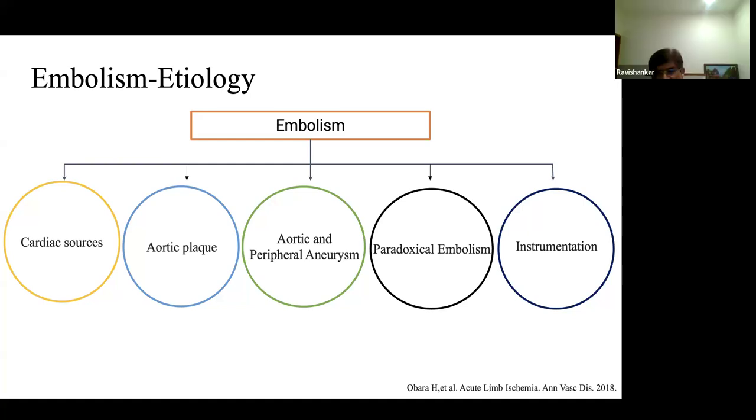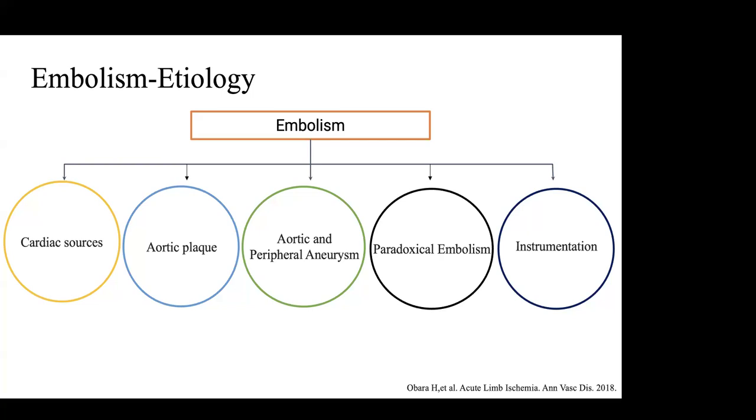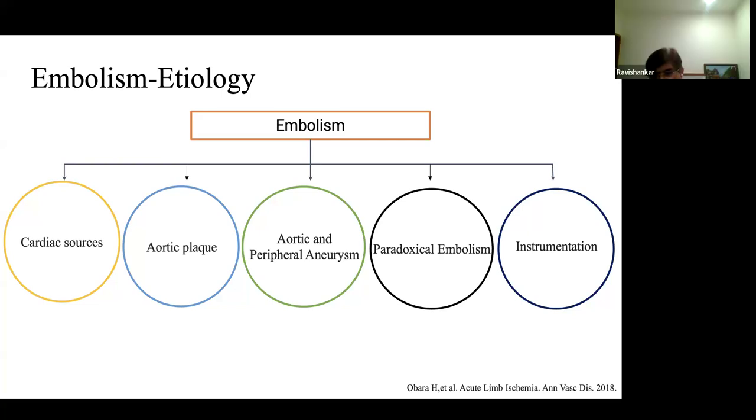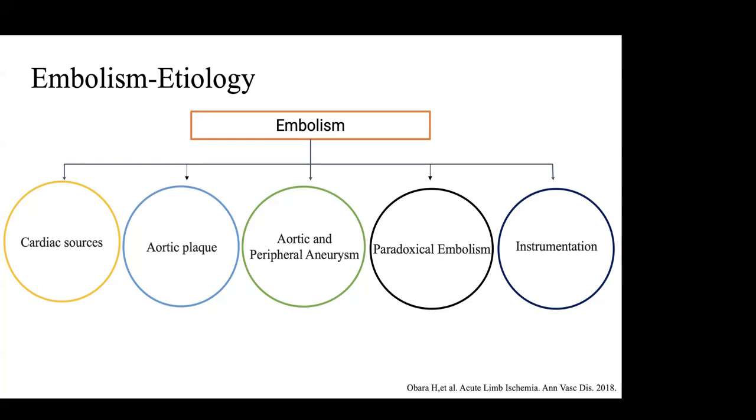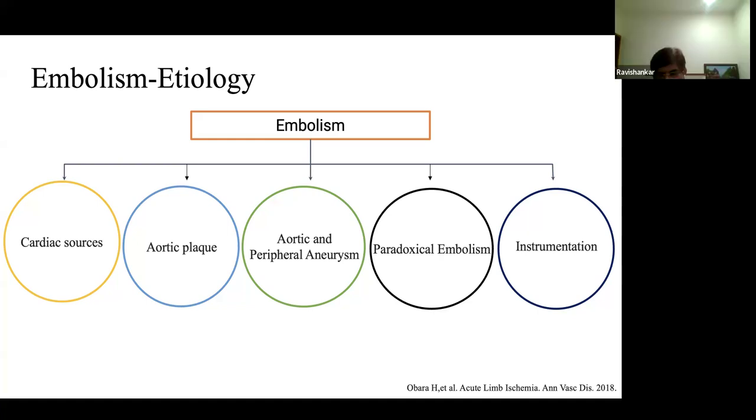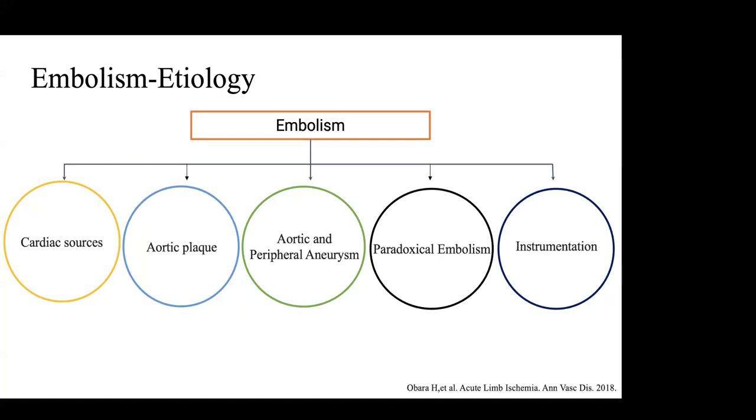Not stenosis, occlusion. Stenosis is a pathological phenomenon in the wall of the artery. You can't call it stenosis. Sorry, sir, it is occlusion. But if there is already stenosis, then even a small clot can cause complete occlusion. That's all. But the clot will not cause stenosis. Yes, sir. Okay.